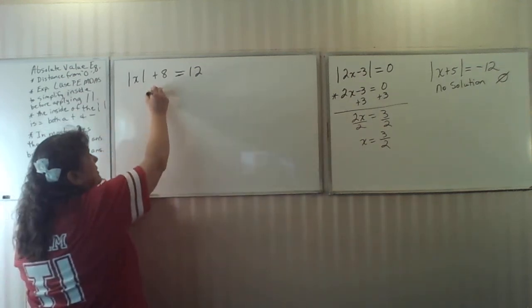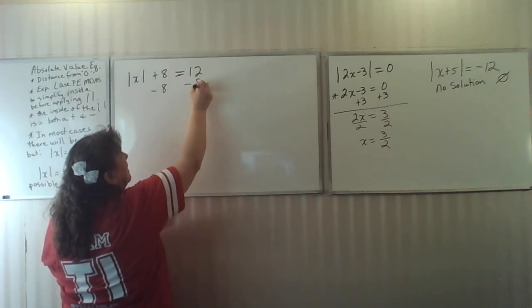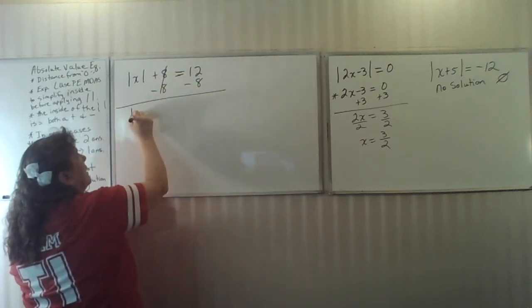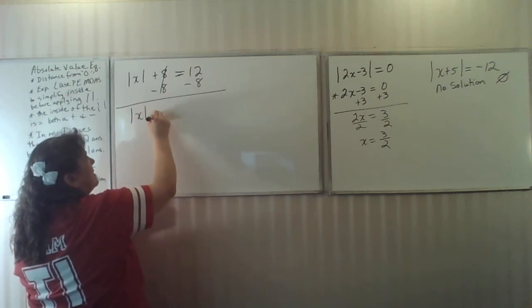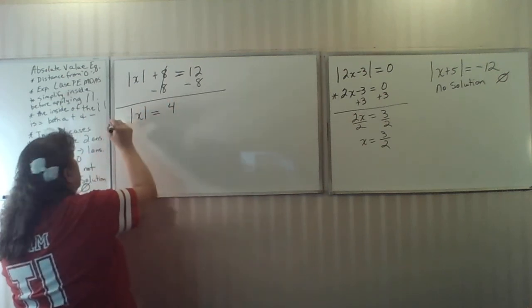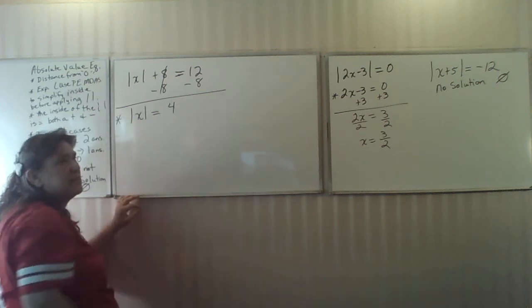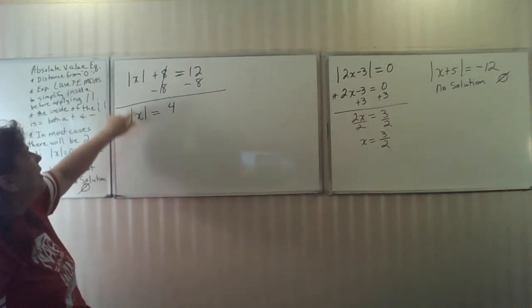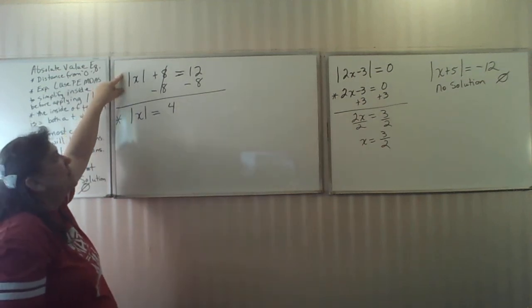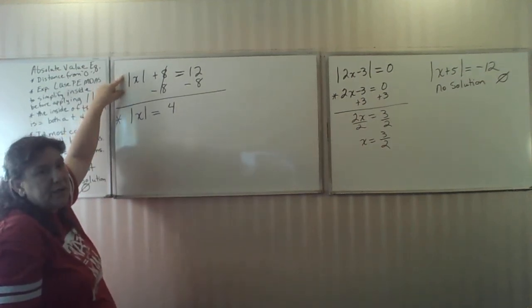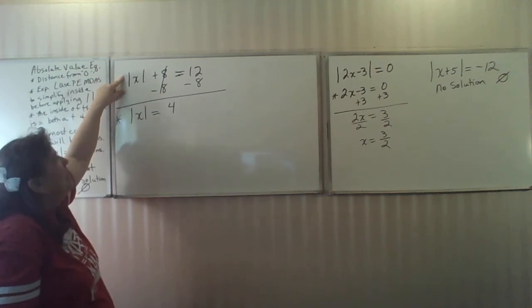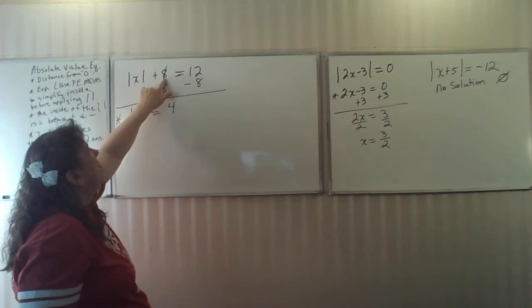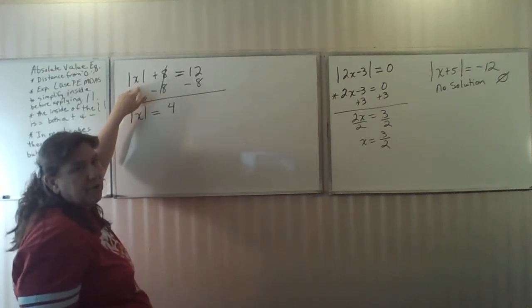So, the first thing we're going to do is eliminate what has been added to it that is outside the absolute value, leaving my absolute value of x equal to 4. Please do not skip this step. A lot of you will want to skip this step, and you'll start here. You'll write this whole thing equal to 12 and equal to a negative 12, which isn't possible, because this 8 isn't inside the absolute value.